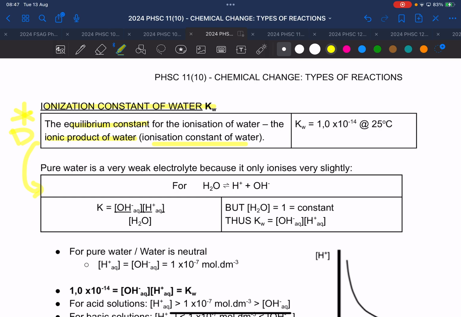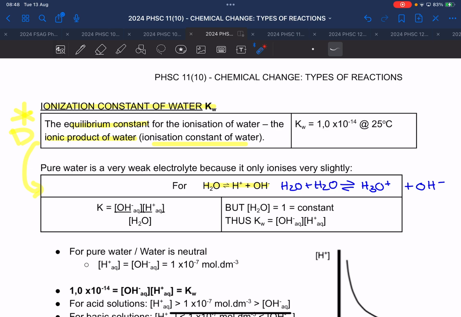If water split up, or if water reacted with itself, which will not actually happen, okay, water won't dissolve in itself, but if it did happen, you would either get this product if it's split up, or you would get this as products if it reacted with itself.